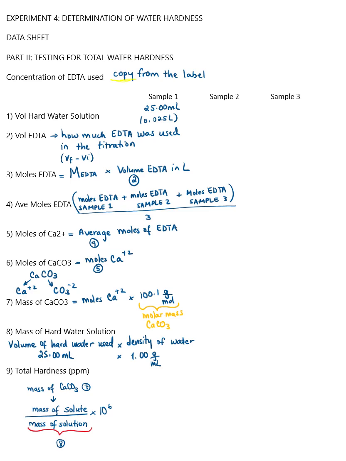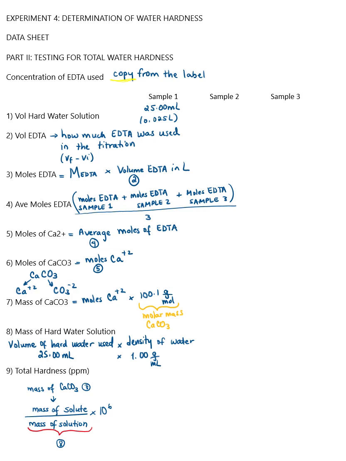It's up here. And you have a volume of EDTA, which is the volume of EDTA that you're using in each titration. So that volume of EDTA in liters times the molarity of EDTA will give you the moles of EDTA that you're using to titrate your sample.